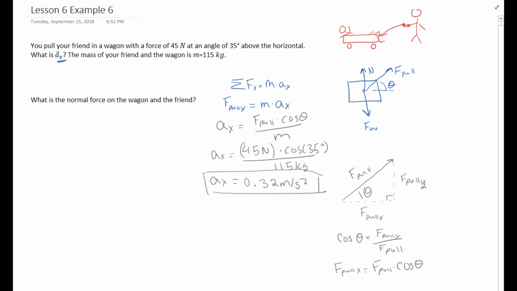Right? So now that we have the first part, we're ready to find out what is the normal force on the wagon and the friend. When we start talking about the normal force on the wagon and the friend, we are now interested in the y direction. We're interested in what's going on up and down. So we're still going to use Newton's second law.